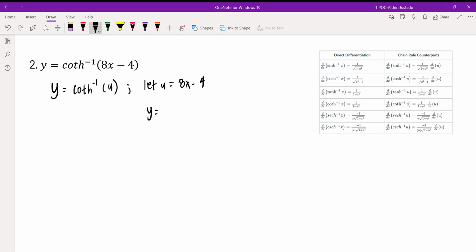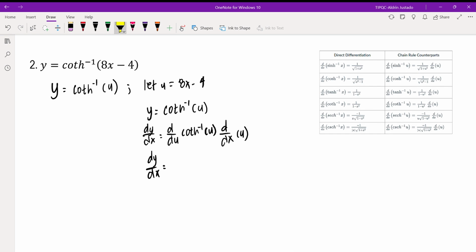So dy over dx equal to d over du of inverse hyperbolic cotangent of u times the derivative of your u. So dy over dx equal to inverse hyperbolic cotangent of u, ito yung gagamitin natin. Okay?